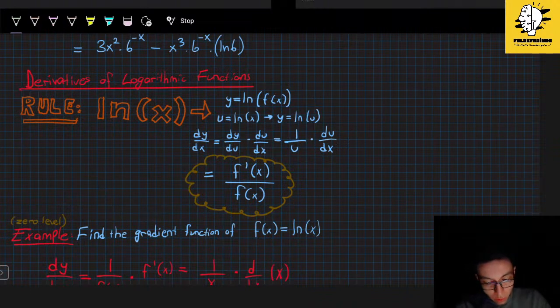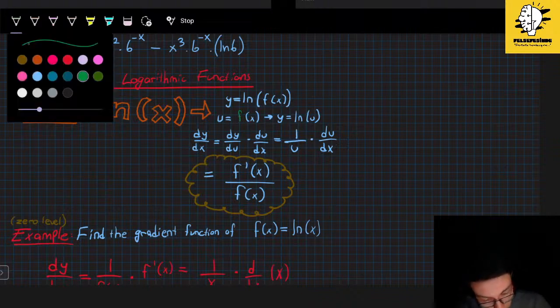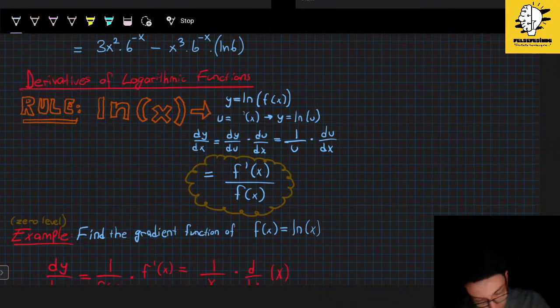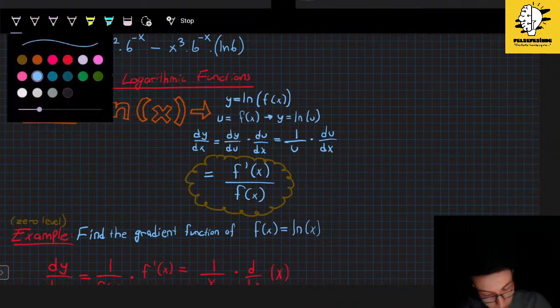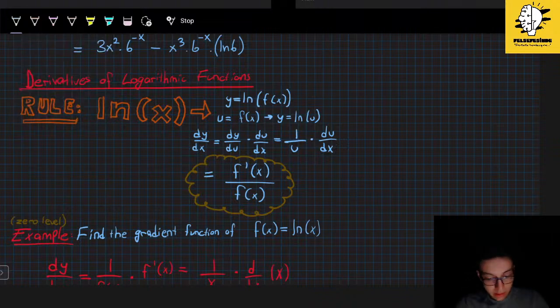Now let's say u is equal to f(x). Sorry, this is not ln x, this is f(x). And as we substituted, we see that y is equal to ln u. And hence when I want to have dy over dx, I am using the chain rule: dy over du times du over dx.